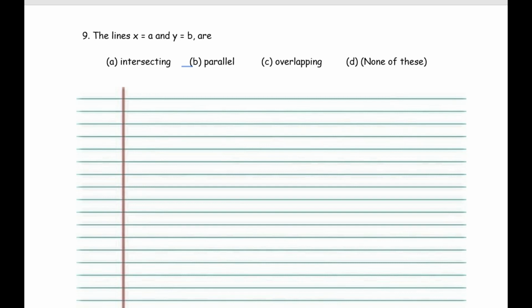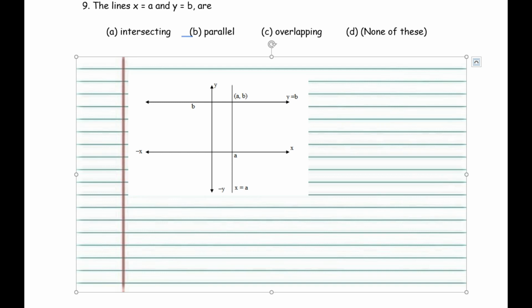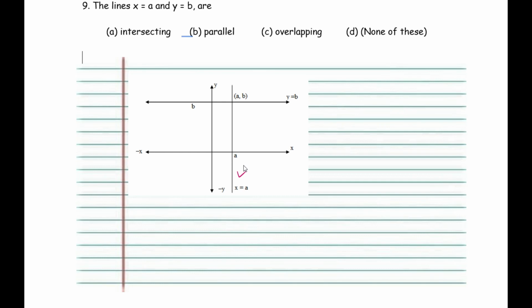Now, I'll draw the diagram. If you observe, the line x equals a is parallel to what? Y axis, and the line y equals b is parallel to the x axis. They are intersecting at the point a comma b. Therefore, the correct answer is option A, intersecting.